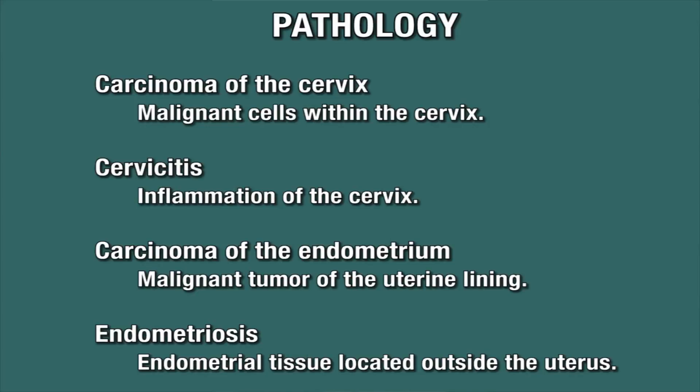Some of the pathology or medical conditions associated with the female reproductive system: cervical cancer, or carcinoma of the cervix, malignant cells that undergo rapid mitosis within the cervix; cervicitis, or inflammation of the cervix; carcinoma of the endometrium, or endometrial cancer, a malignant tumor of the uterine lining; and endometriosis, where the endometrial tissue is usually located outside of the uterus.